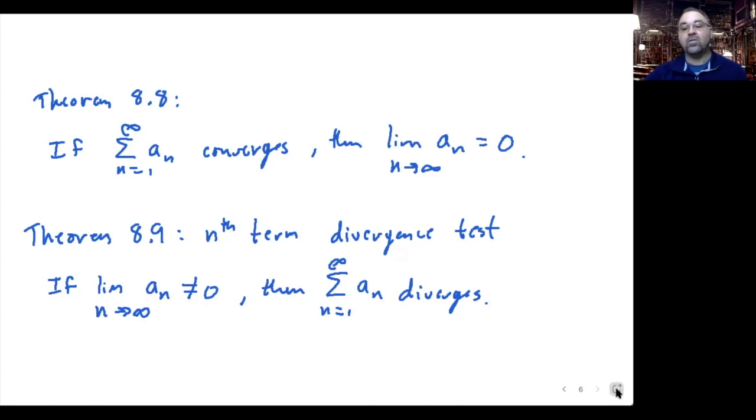So let's take a look at an example, a couple of examples actually. I have my first example here. The series goes from 0 to infinity, and it's 2 to the nth power. So let's take a look here.